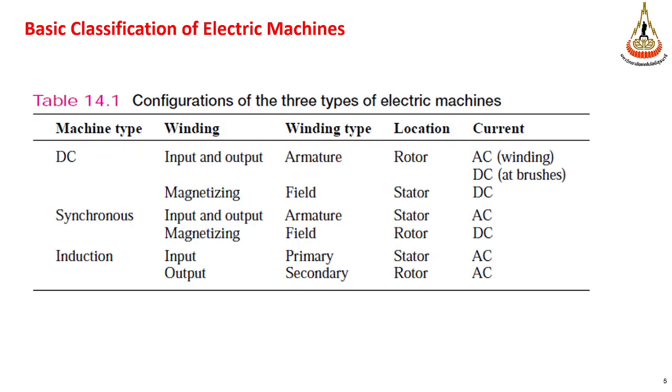So we have three types of machine in basic classification. We have the DC machine, which can be used for both generator and motor, DC generator and motor. And we have the synchronous machine, which also has both generator and motor.